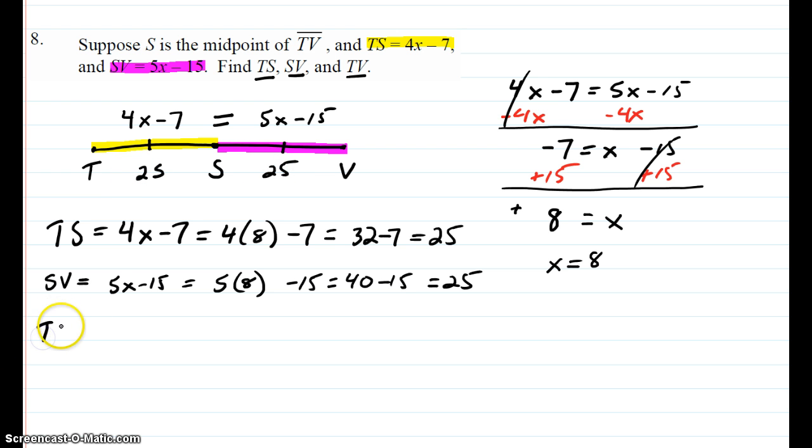So TV is just going to be 25 plus 25, which is 50. So I have three answers to this one. TS is equal to 25. SV is equal to 25. And TV is equal to 50.